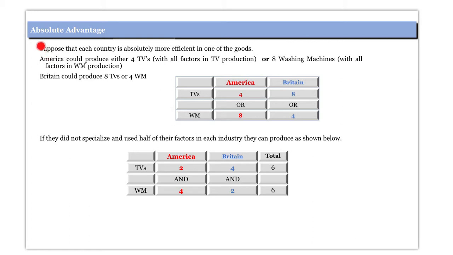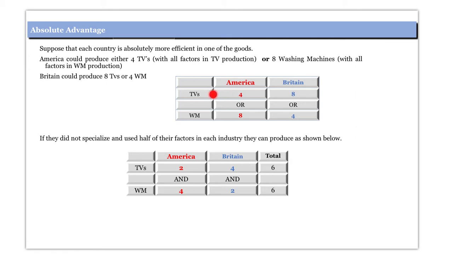So the idea behind absolute advantage is that each of the countries, and we're going to look at America and Britain, each of them is much more efficient at one of the goods. In other words, let's take this table here. America could produce 4 televisions, or it can produce 8 washing machines. Now you've got to go back to the principle of the PPF. This is using all of their factors in televisions.